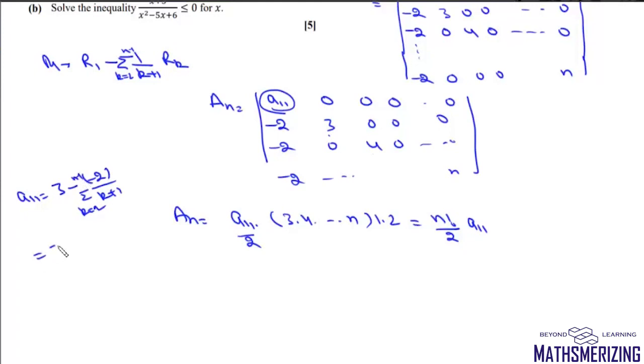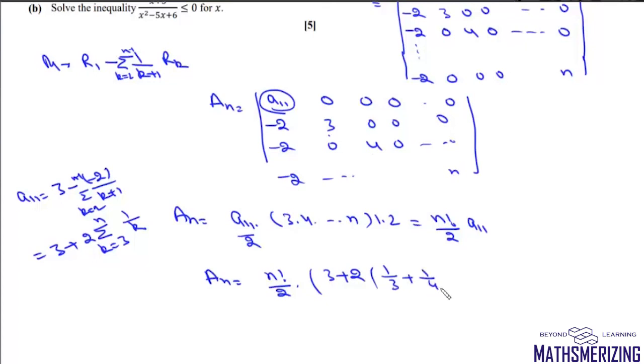So it is nothing but 3 plus 2 into this sum, k varies from 3 to n, 1 upon k. So we can write this an as factorial n by 2 and then 3 plus 2 times 1 by 3 plus 1 by 4 plus up to 1 by n, and that is the value of this determinant an.